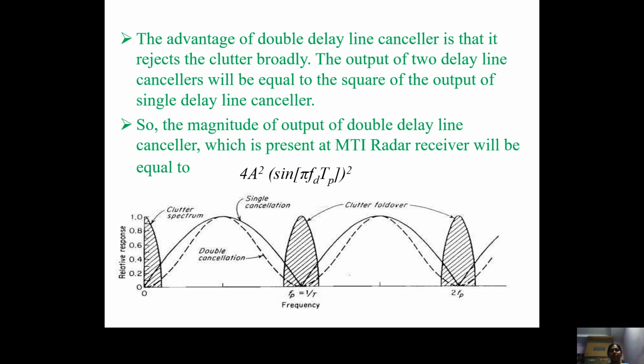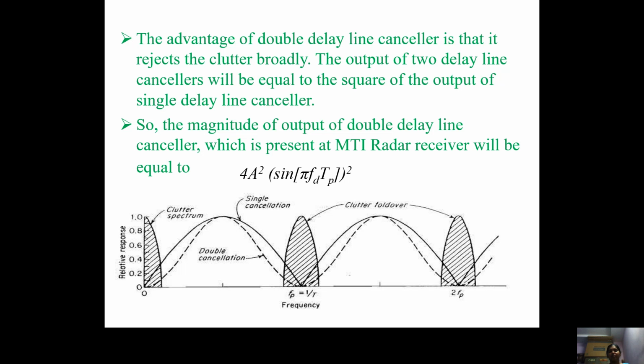This is frequency response versus amplitude. The solid line represents the frequency response obtained by using the single delay line canceller, whereas the dashed line represents the frequency response obtained by using two delay lines, the double delay line canceller.